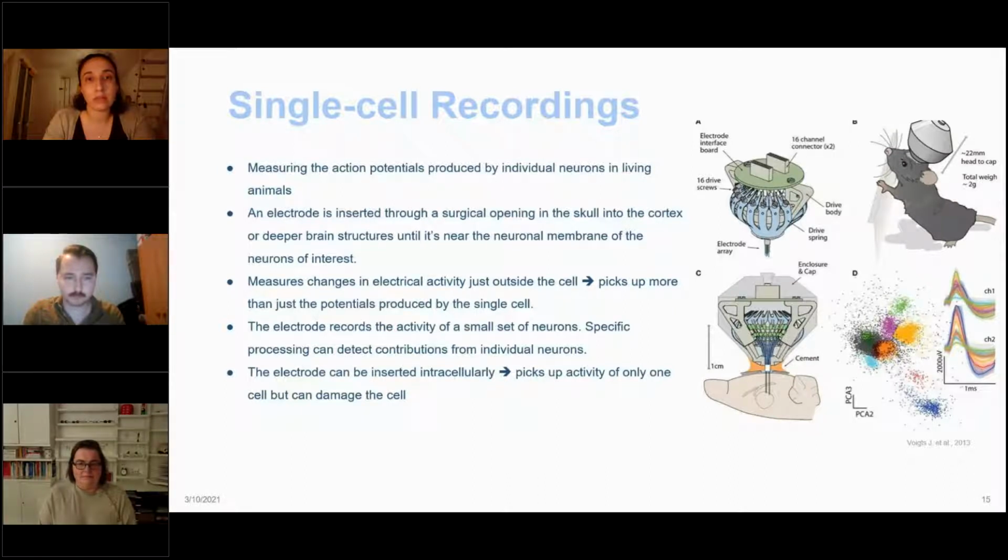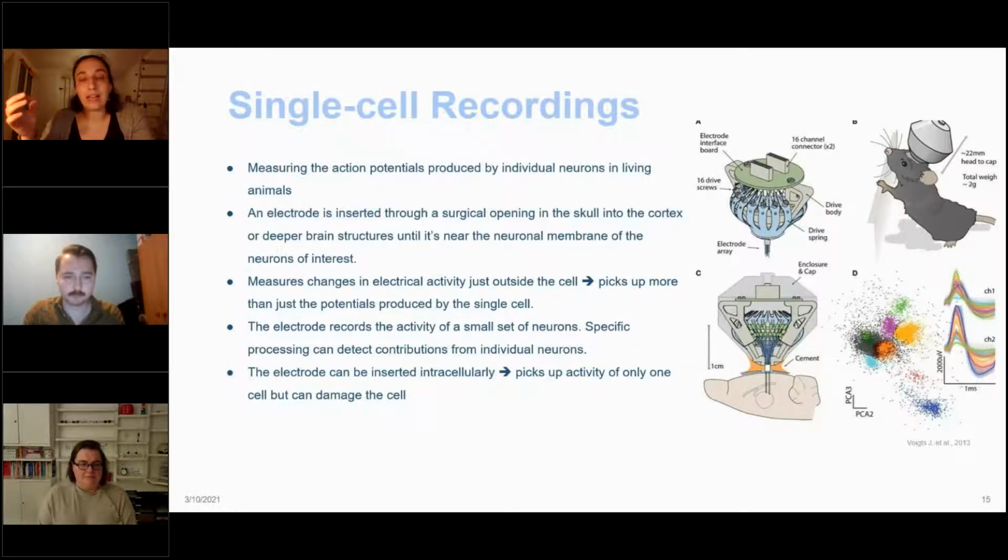Many times the animals can move around the space without issues. We insert an electrode through surgery in the skull and into the cortex, and it can go really deep into brain structures until it's near the neurons we are interested in.